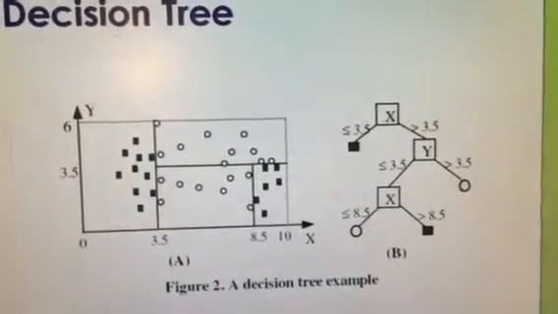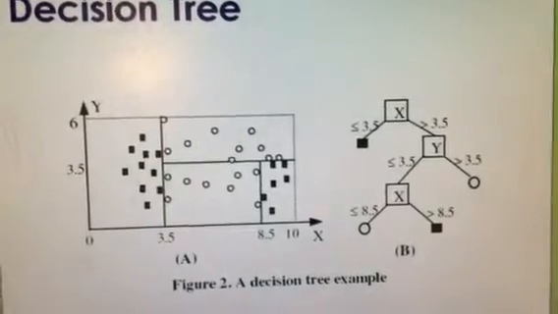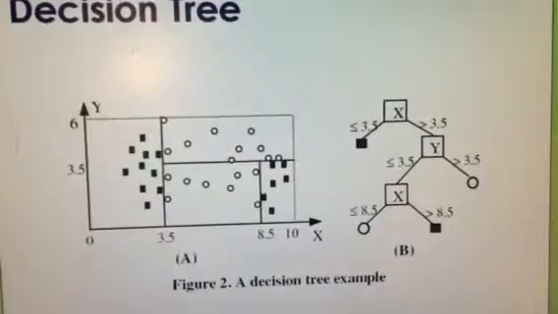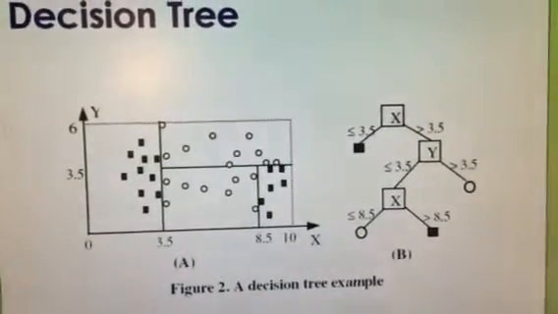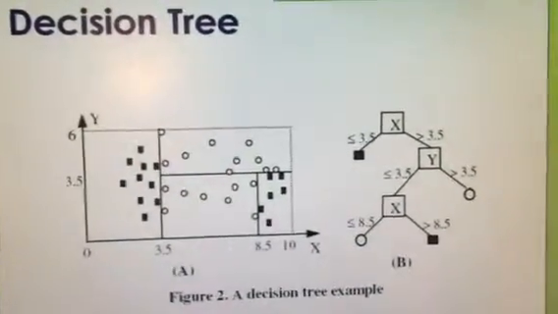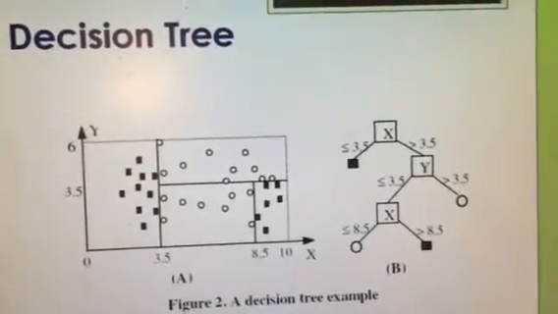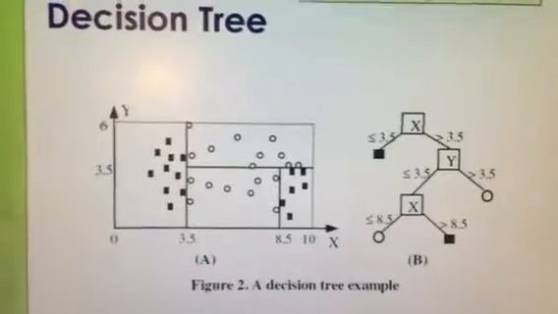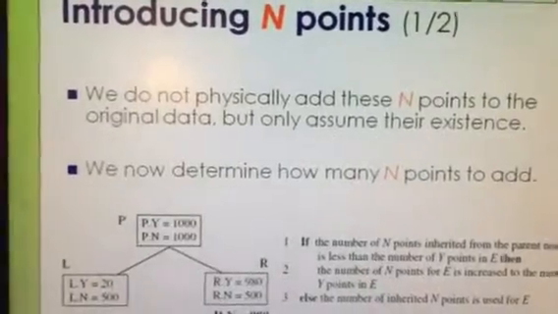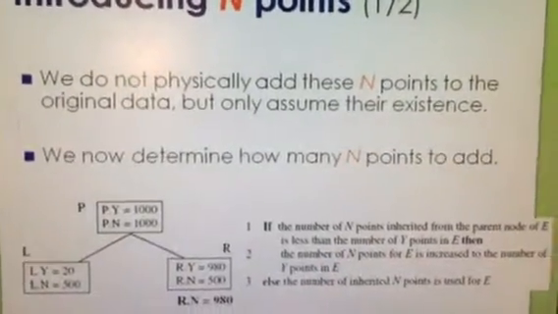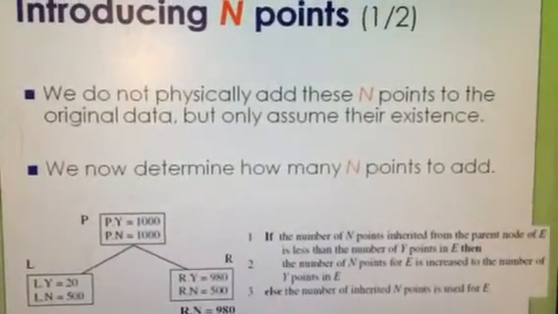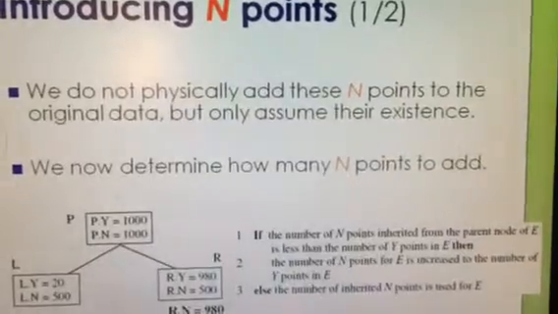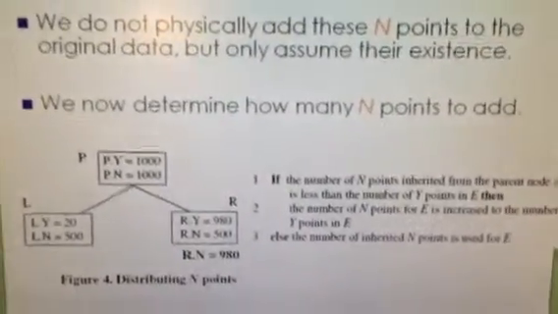So based on that, we connect points together, the X and Y axis, and then partition using rectangular shapes. This is an example of a decision tree. And we do not physically add the endpoints to the original data, but only assume their existence. So we now determine how many endpoints we need to add.